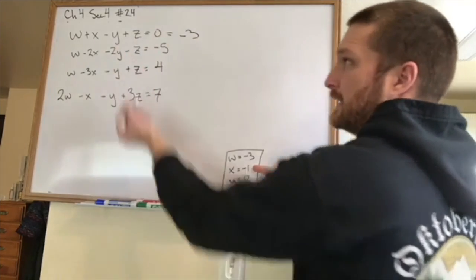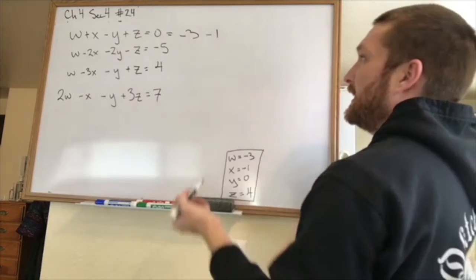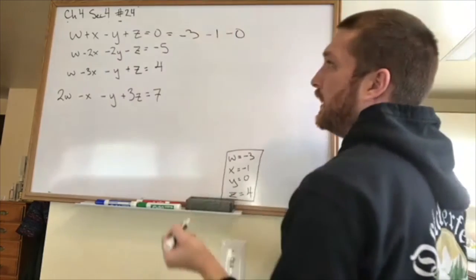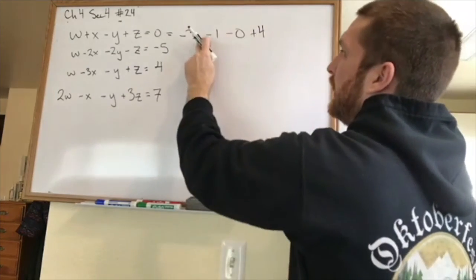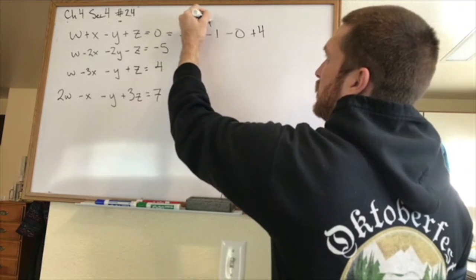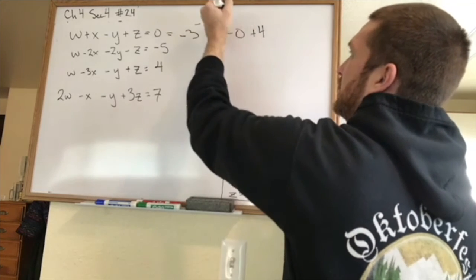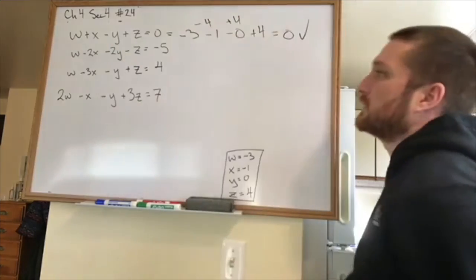X, it says, is -1. So I go plus X is the same as -1. Minus 0 for Y. Plus Z is plus 4. And I get -3, -1 is -4. This is a +4. Indeed, it does come out to 0. Works in the first equation.